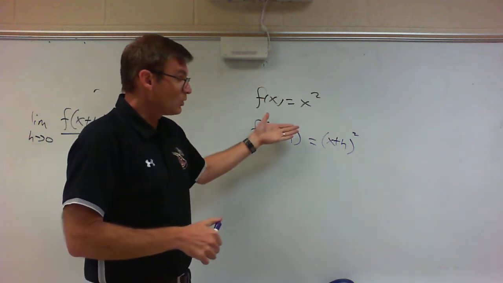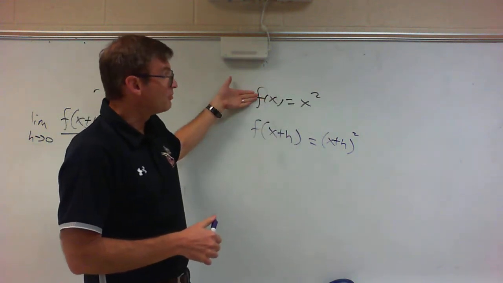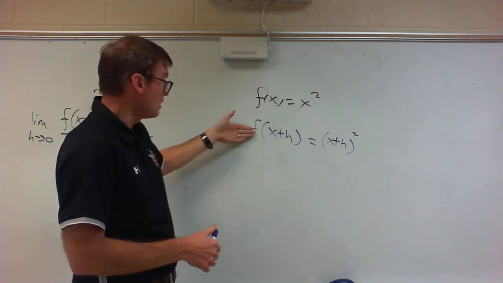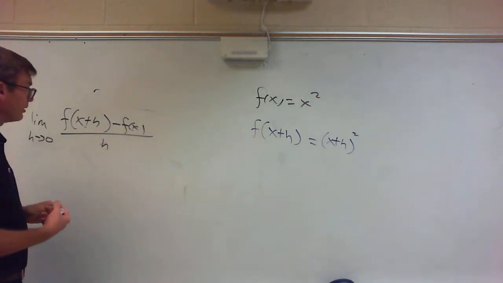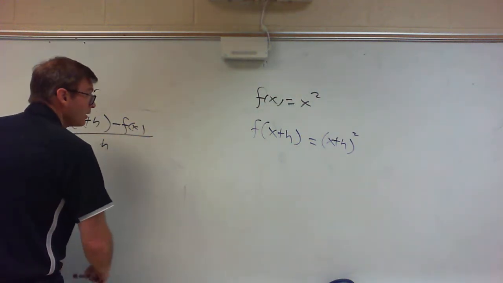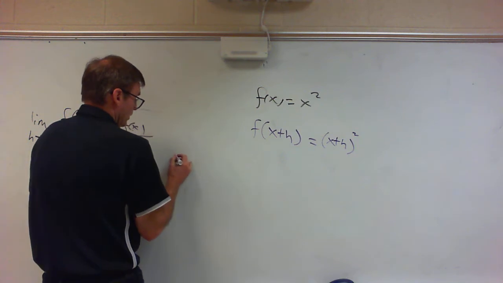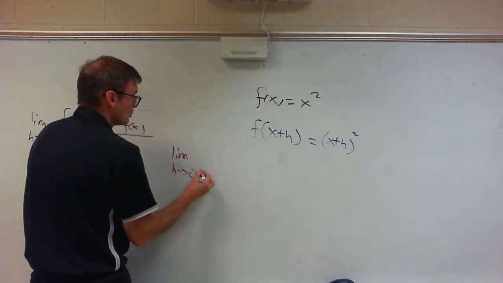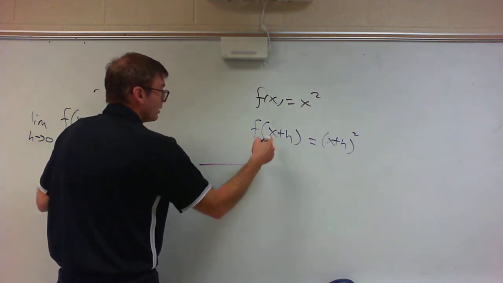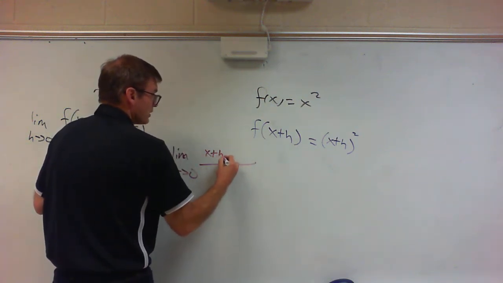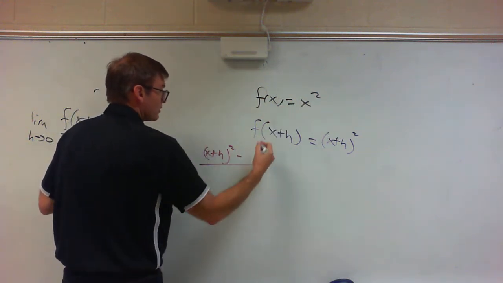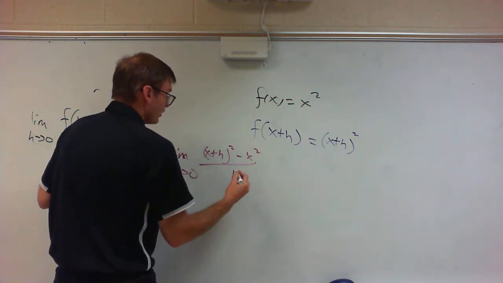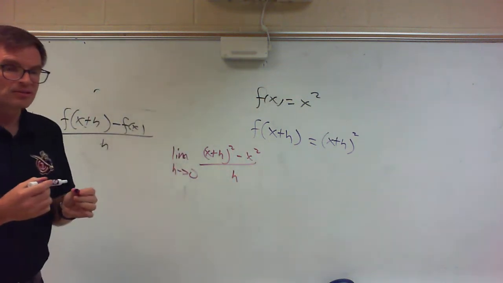So now I know what f of x is, and I know what f of x plus h is. I'm going to plug it into my formula. And when I plug it in, I end up with the limit as h goes to 0 of f of x plus h, which is x plus h squared, minus f of x, which is x squared, all over h. And I need to compute this.